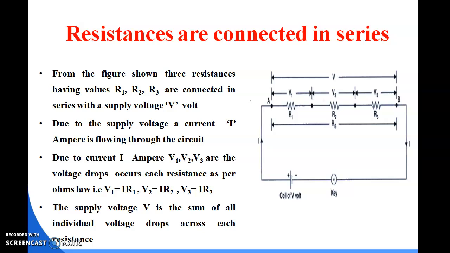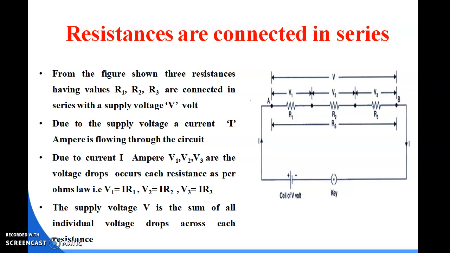From the figure shown, there are three resistances having values R1, R2, R3. This is the representation of the circuit diagram where R1, R2, R3 are connected in series, and they are connected to the supply voltage V. Due to the supply voltage, a current I ampere is flowing through the circuit.